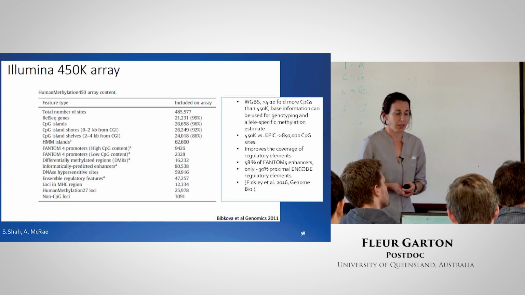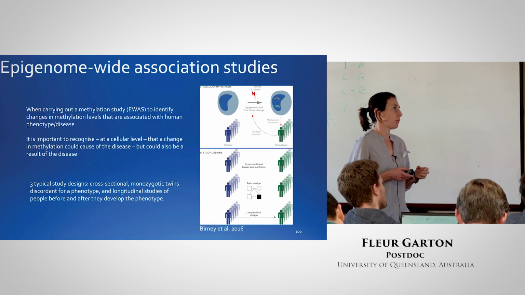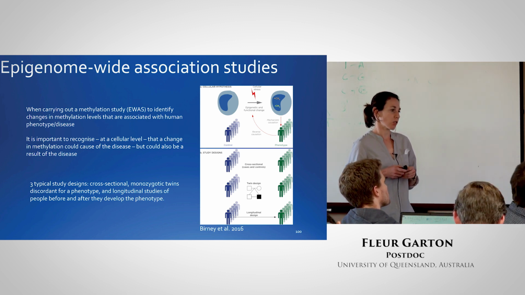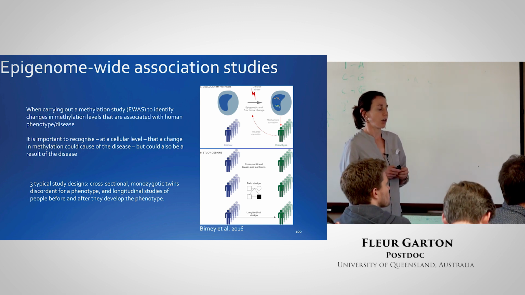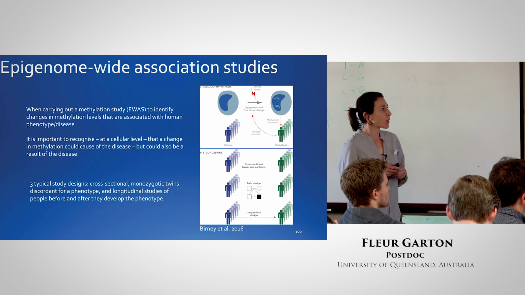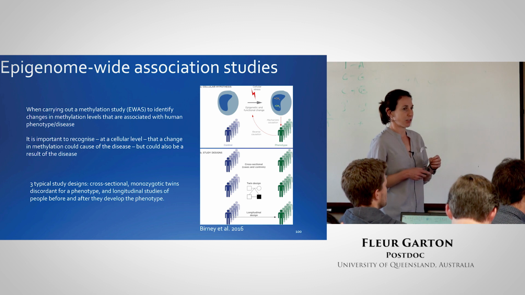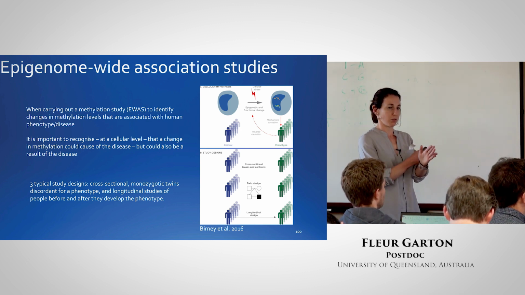All right, so with this methylation data, you can carry out things called epigenome-wide association studies. The only thing to note here is that unlike DNA, methylation can change over time. So at a cellular level, a change in methylation can cause a disease, but at the same time could be a result of the disease.